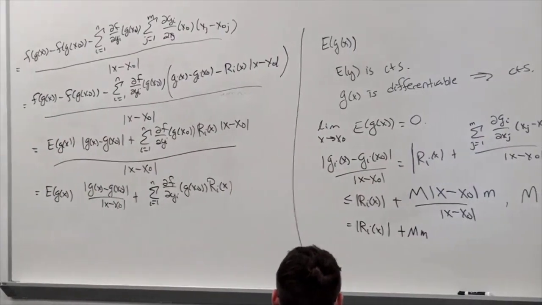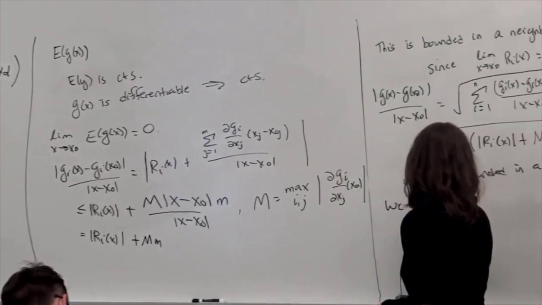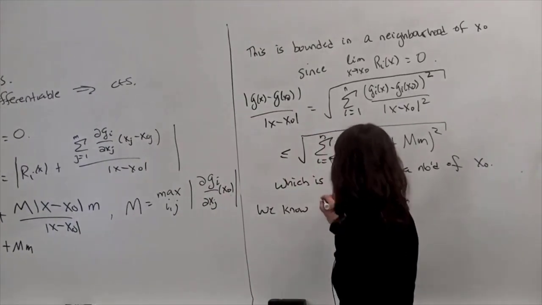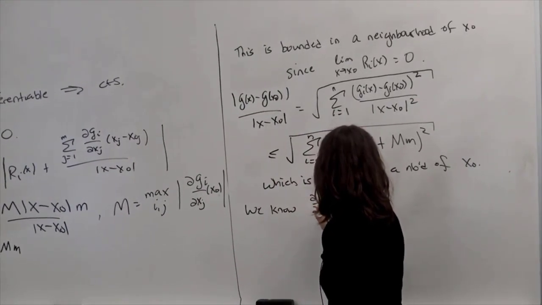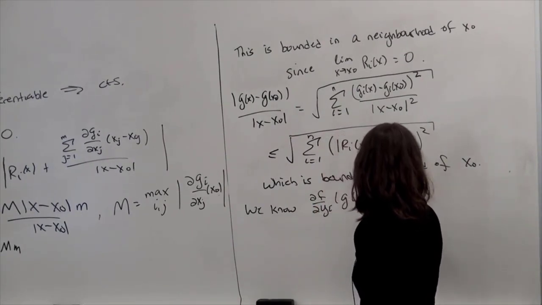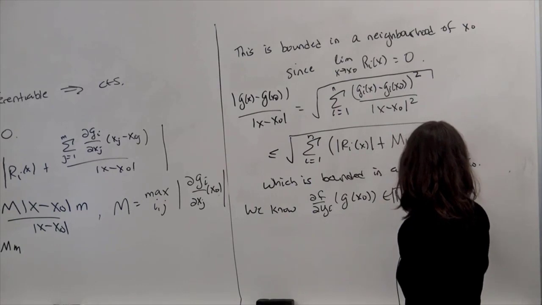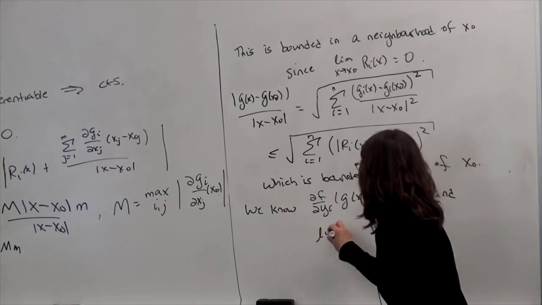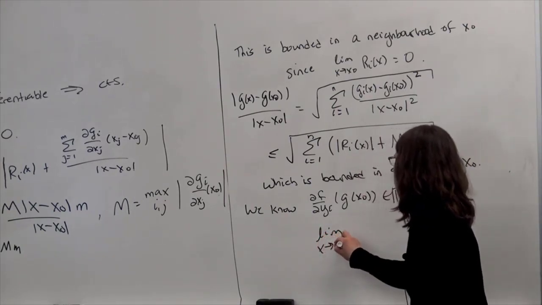So we'll say we know that all of these guys are some real numbers, and we know that R limits to 0.